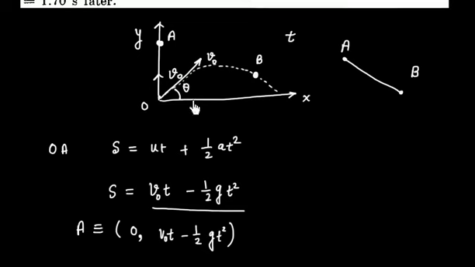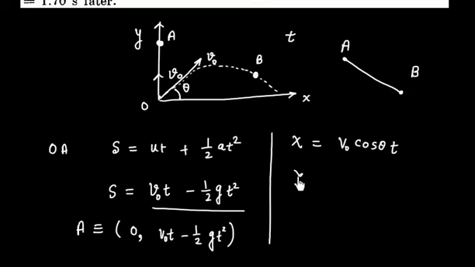Now we can calculate the coordinate of B similarly. In the x direction, velocity is v0 cos theta. So let us calculate the coordinate of B. The x coordinate will be v0 cos theta into t, this is the x distance.